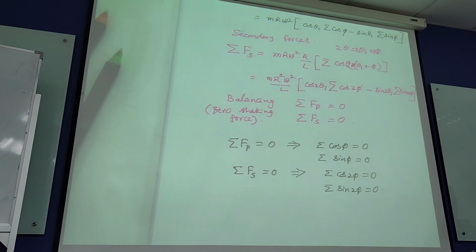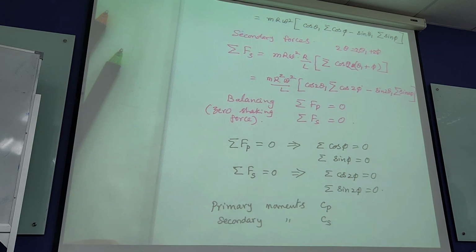Now after the forces, because the pistons are located at a horizontal distance from each other, there will be moments developed. Similarly, you have primary moments and secondary moments. The primary moment is due to the primary force, and the secondary moment is due to the secondary force.